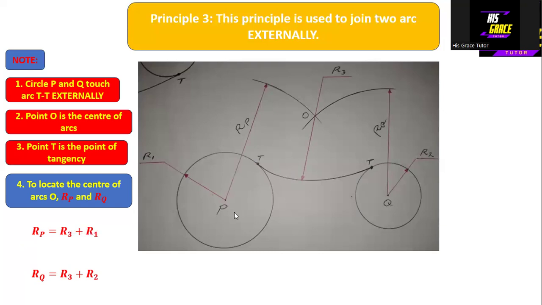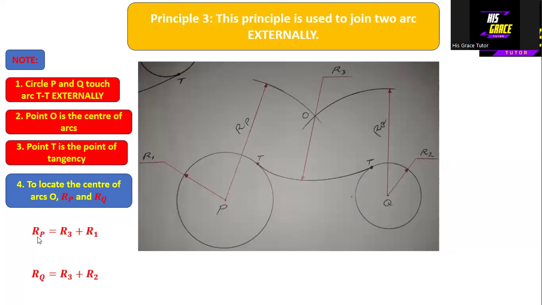So we are adding the radius of arc TT and the radius of circle P together. Then to get the value of RQ, we add the radius of circle Q, which is R2, with the radius of arc TT. So RQ is equal to R3 plus R2.